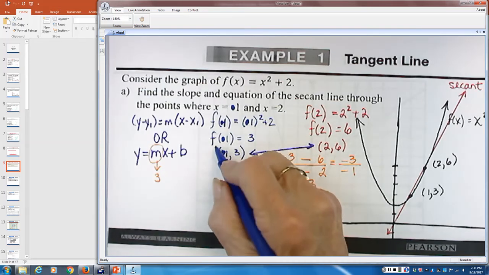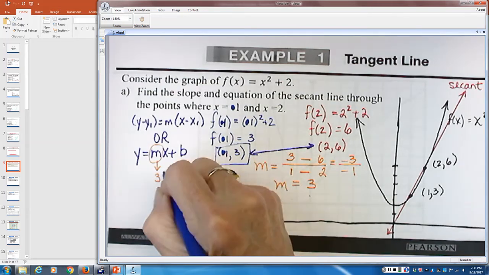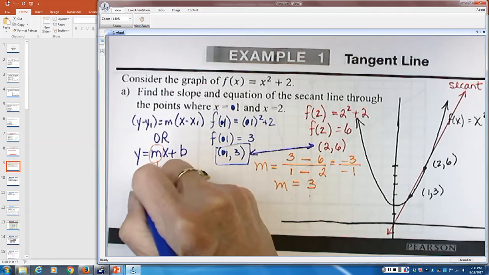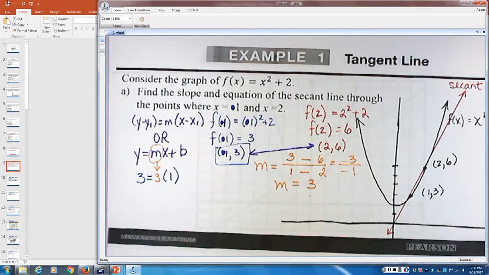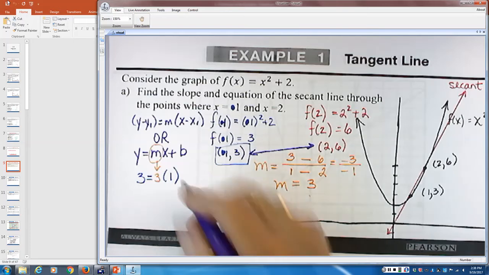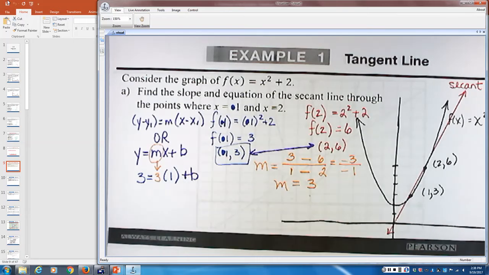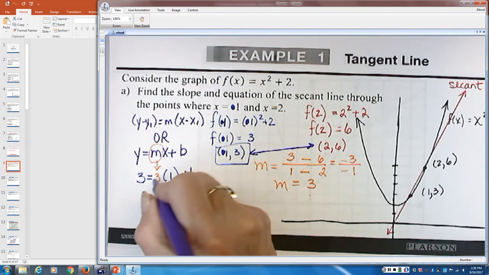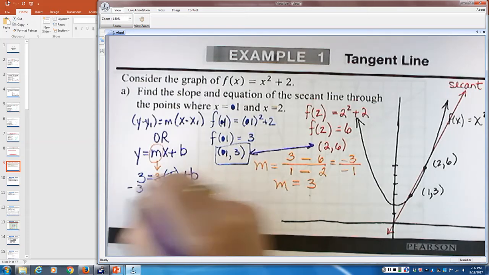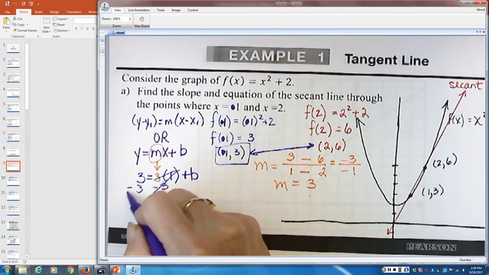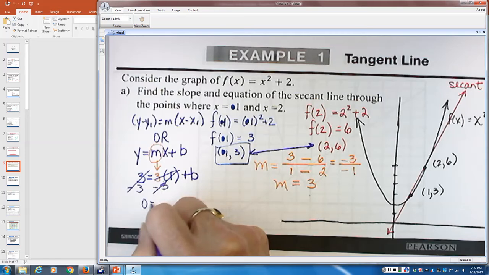Okay, using the point 1, 3, x is 1, y is 3. And here's the only thing we don't know. What's the value of b? Can you find that? Three times 1 is 3. Subtract 3 from both sides. 0 equals b.